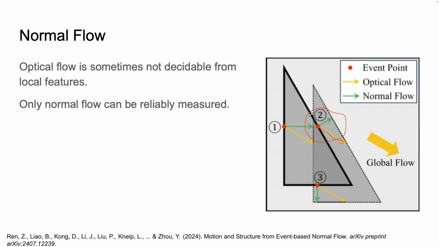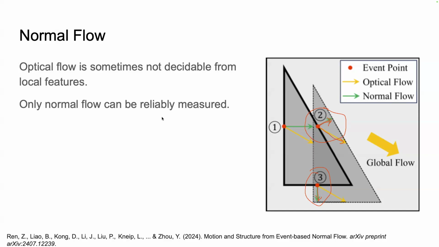However, if you only look at this local region, you can only determine the normal flow. The normal flow is the component of optical flow perpendicular to the image gradient. So basically normal flow is one dimension of optical flow. Similarly here, if you only look at a local aperture, you can only estimate the normal flow. The optical flow is not decidable at this point.